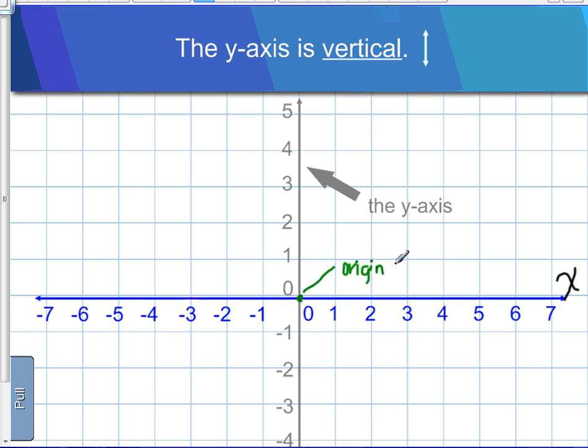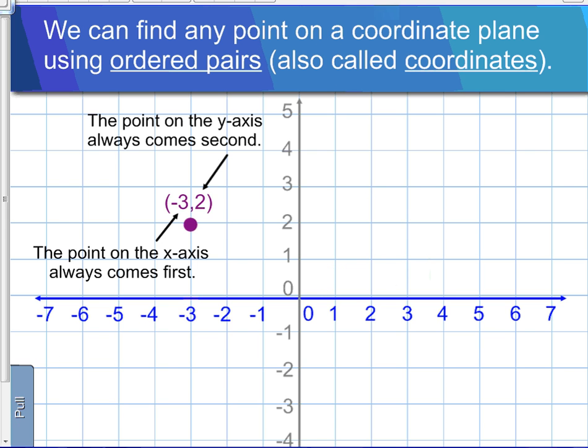It's right in the middle there. It's where the two number lines intersect. And the coordinate points for the origin are always 0, 0. So those are the different parts of the coordinate plane that you need to know, especially when we go into plotting a point.